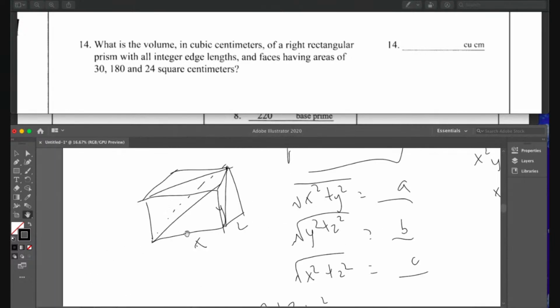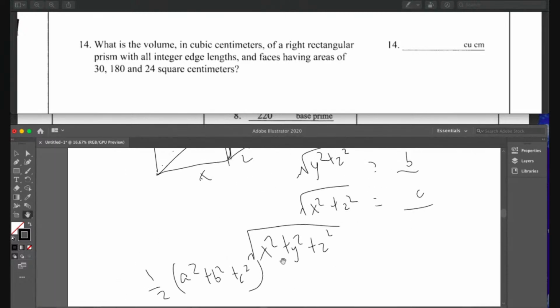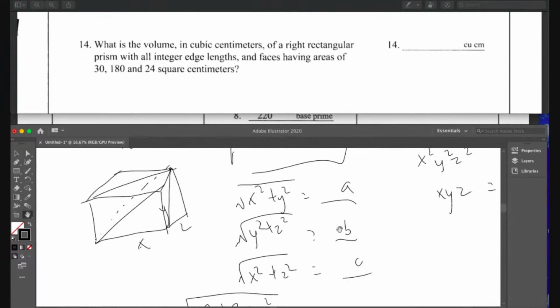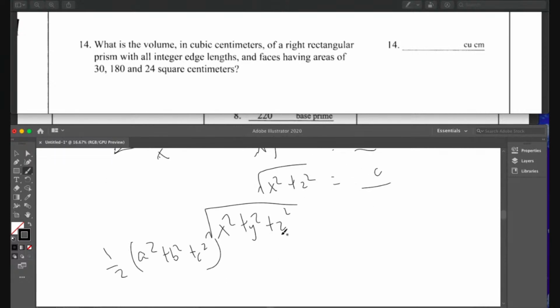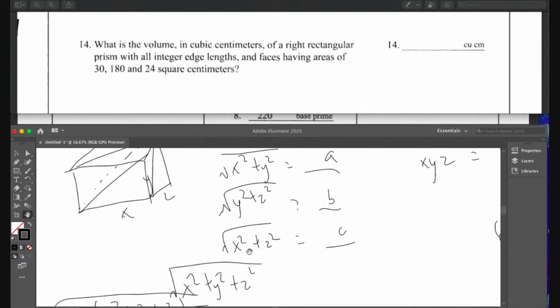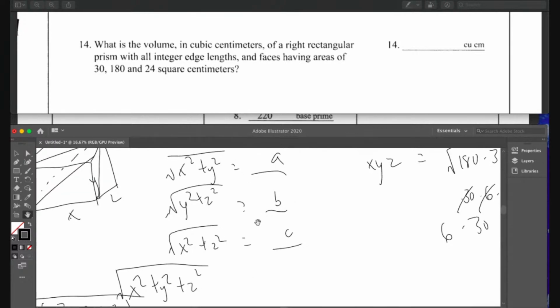Oh, sorry, the large diagonal length is going to be this square rooted. So you take the sum of all of these squared, which gives twice x squared plus y squared plus z squared, and then you just square root it. I feel like this is a little bit more steps than the other one, but maybe know this one too.